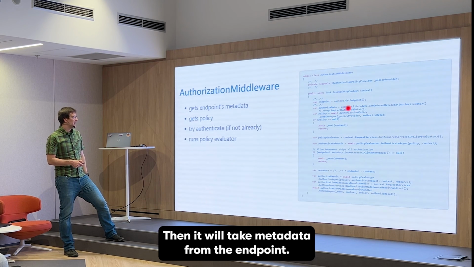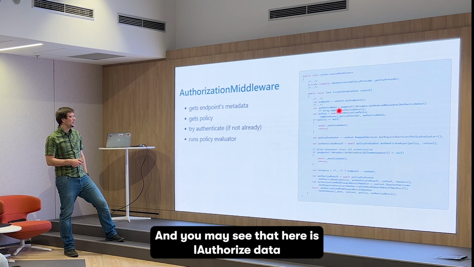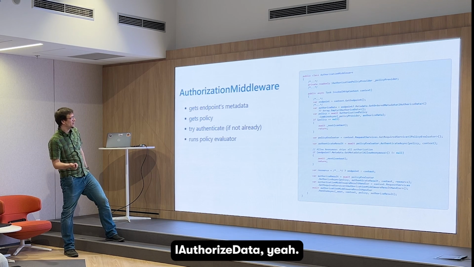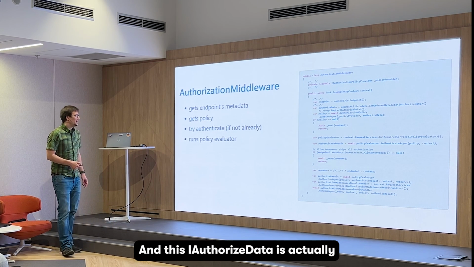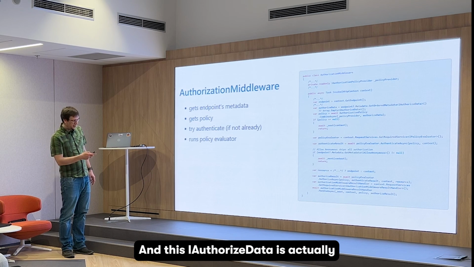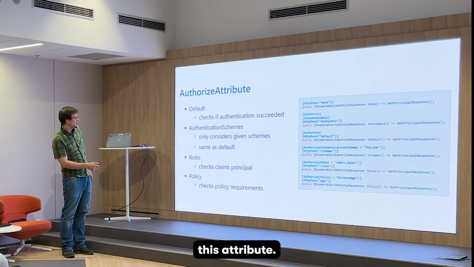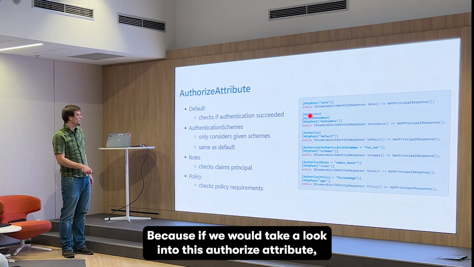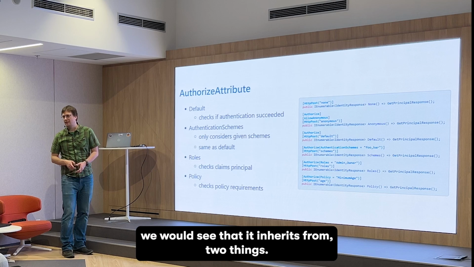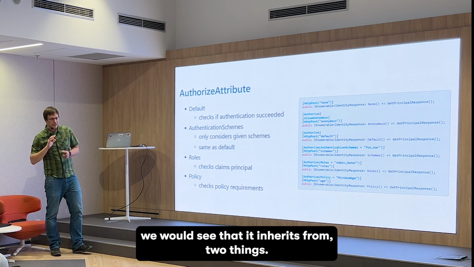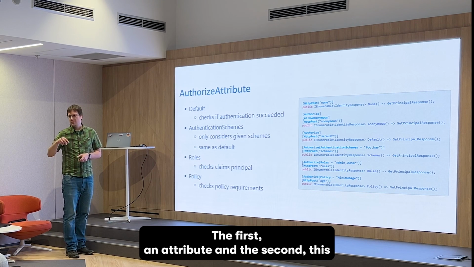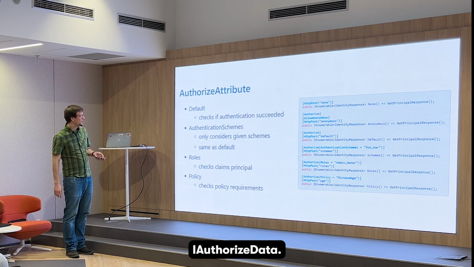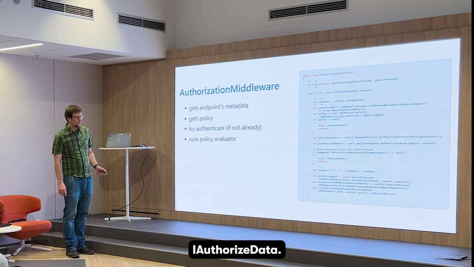Then it will take metadata from the endpoint, and you may see here IAuthorizeData. This IAuthorizeData is actually this attribute, because if we take a look into the Authorize attribute, we would see that it inherits from two things: first an Attribute, and second this IAuthorizeData.